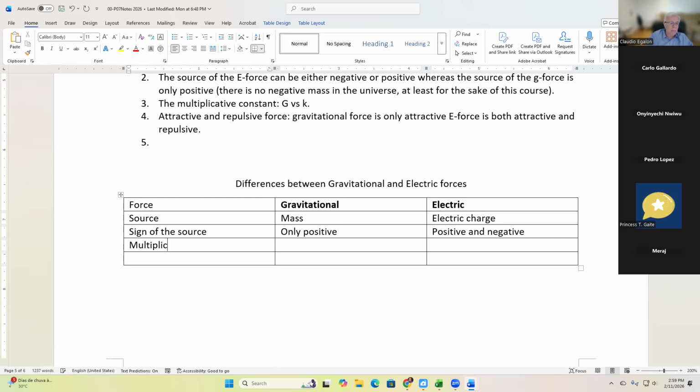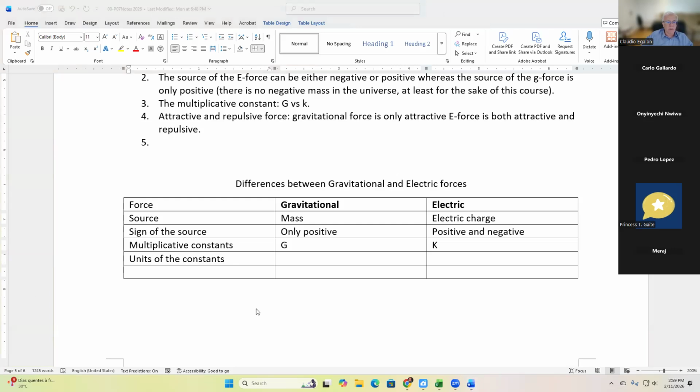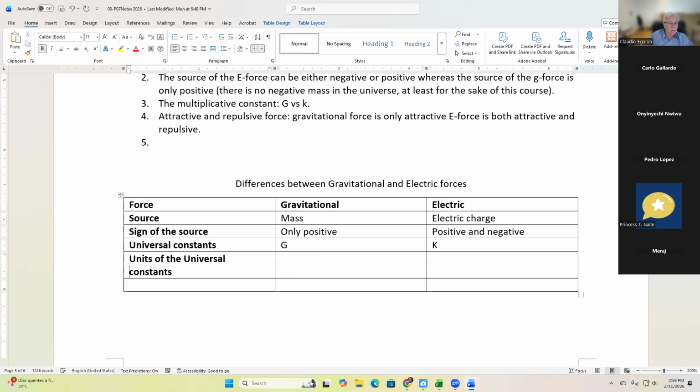Multiplicative constants. The G and the K. And by the way, we can put another line here, units of the constants. There's another important difference between those two types of forces, right? The units of those universal constants.